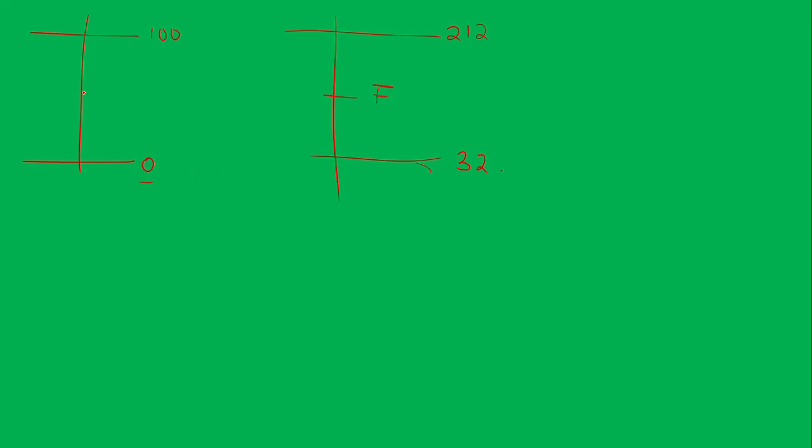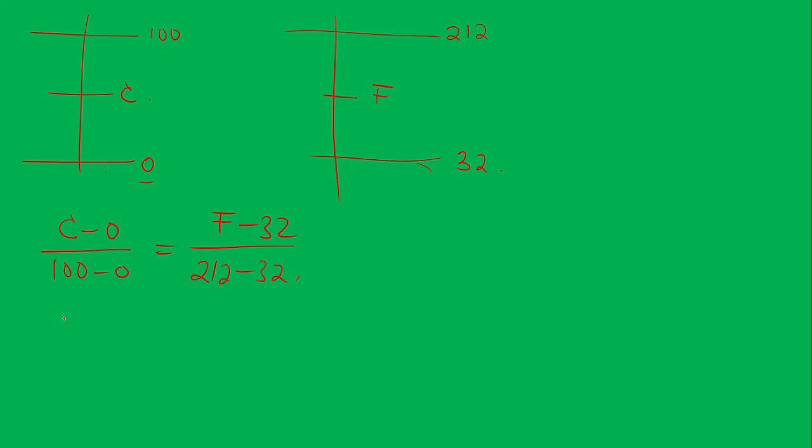Here is the Fahrenheit you want to get, then here is C. Using interpolation theory, the ratio from here to here, that is C minus 0 divided by 100 minus 0, is the same thing as F minus 32 divided by 212 minus 32.